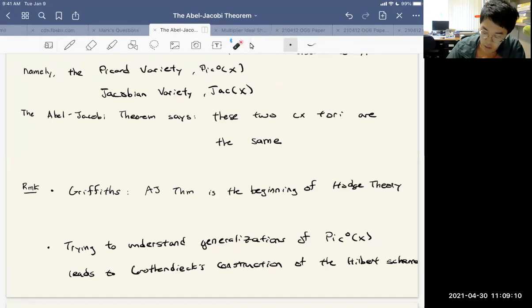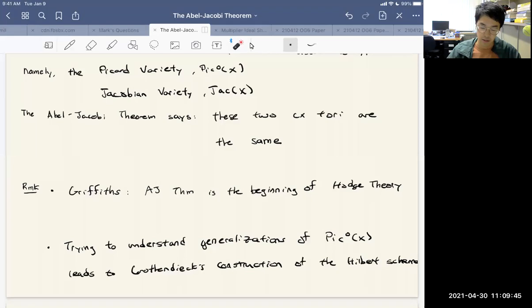I won't say what the Hilbert scheme is, but it's a really revolutionary construction introduced by Grothendieck. The Abel-Jacobi theorem maybe is less useful or less interesting as a statement itself, but it has inspired a lot of really great mathematics. Hopefully we'll be able to talk more about that at the end of the talk.